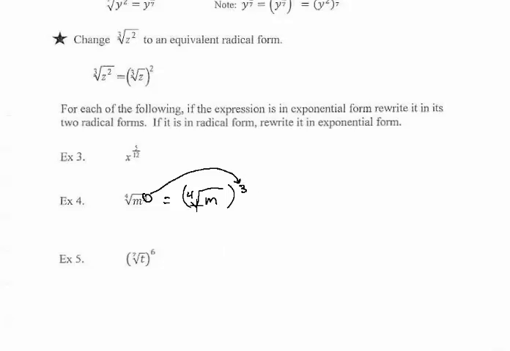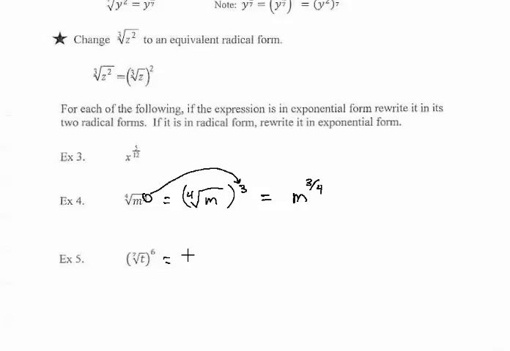So this would be the 4th root of m, and then all of that raised to the 3rd power. So this is the alternate radical version. And now we want to write it without a radical in exponential form. The exponent of the m stays in the numerator, and the root number 4 goes to the denominator of the exponent. So m to the 3/4 power.